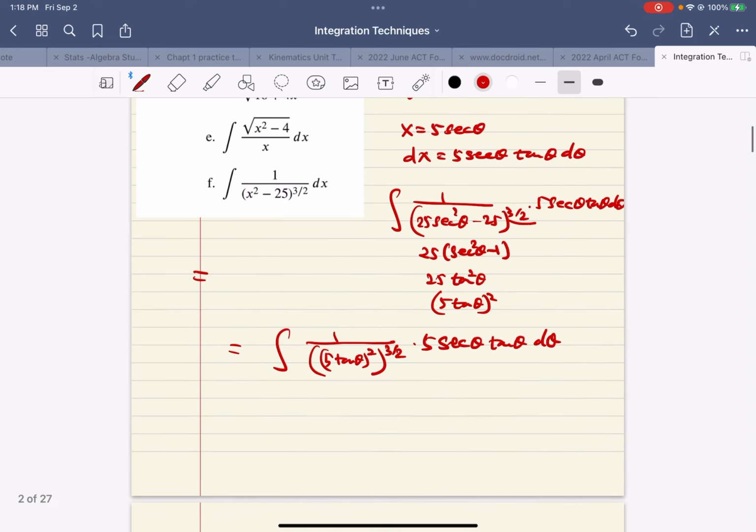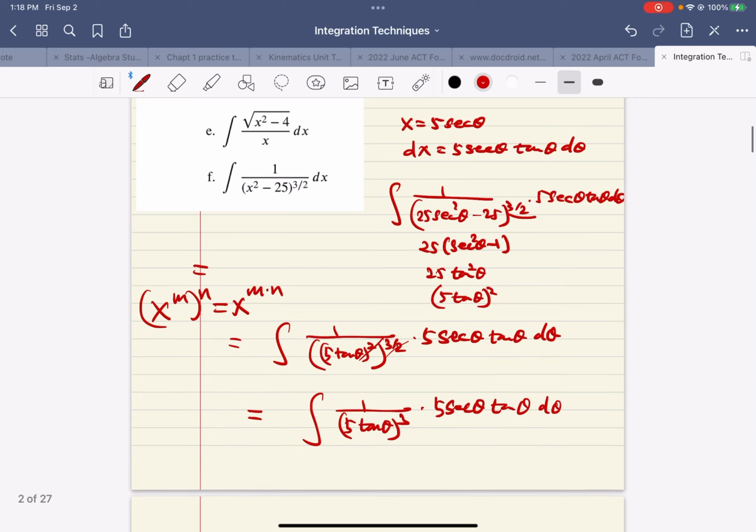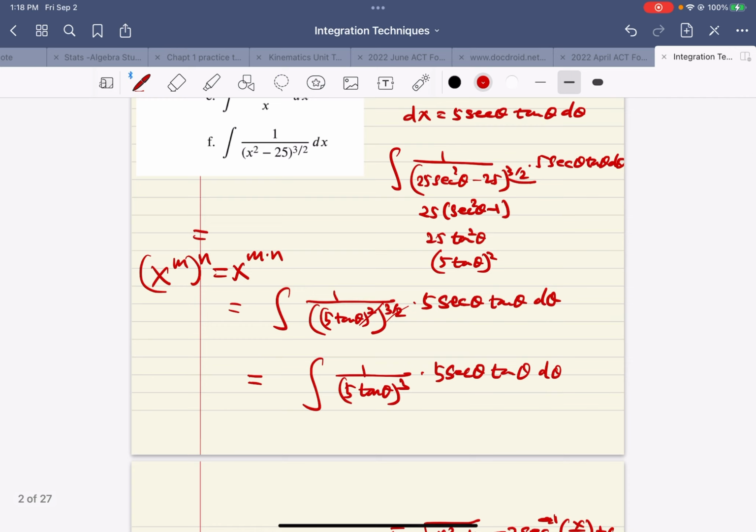Okay, and then x to the m to the n, you multiply m times n. Remember that rule. So when you multiply, these two cancel. So 1 over 5 tangent theta cubed times 5 secant theta tangent theta d theta. So one of the 5 tangent theta cancels out.